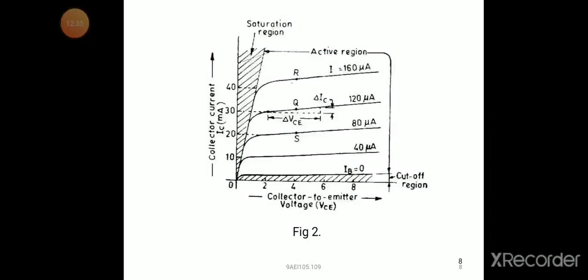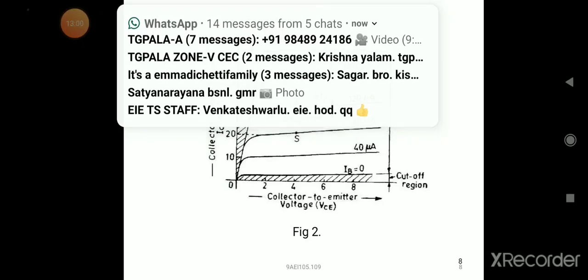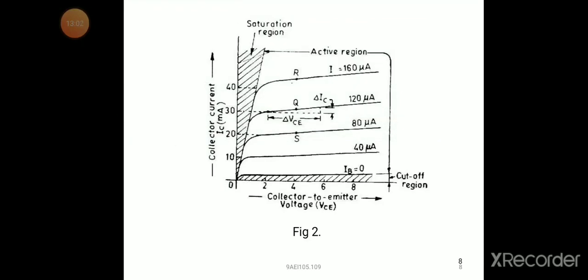So this is a characteristic curve. It specifically shows the different regions: cutoff region, active region, and saturation region. The cutoff region says that the collector junction is in reverse bias, as well as the emitter junction, VBE, also in reverse bias.